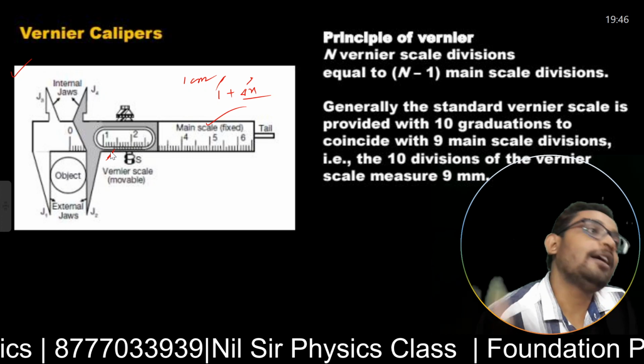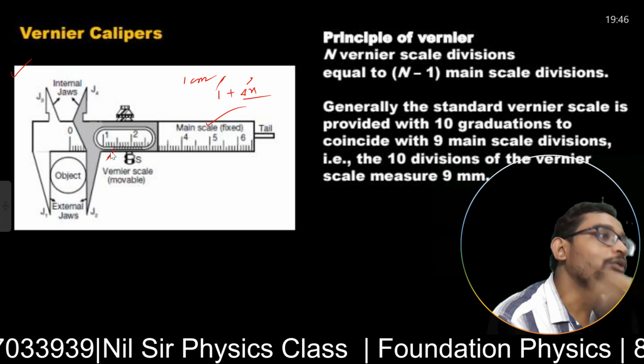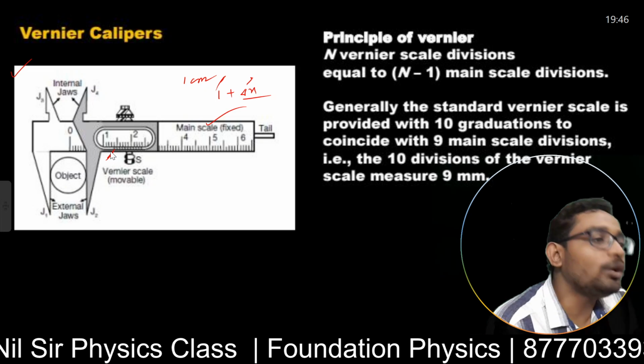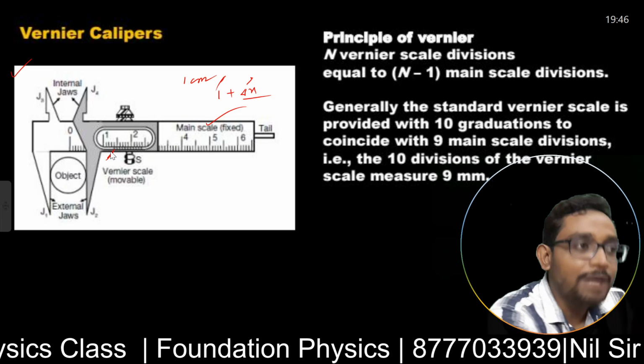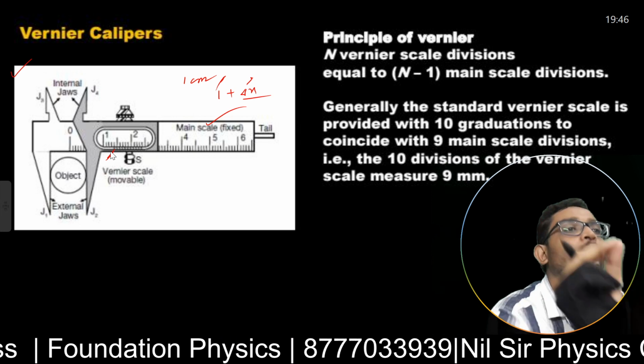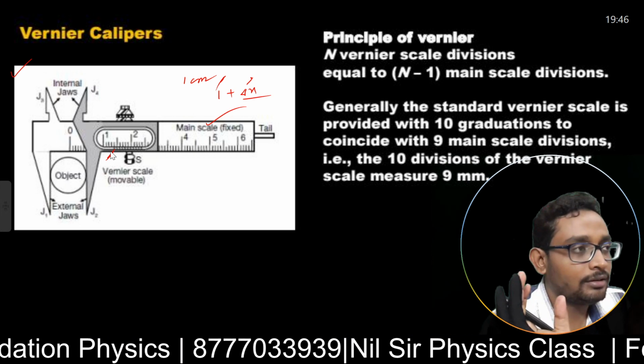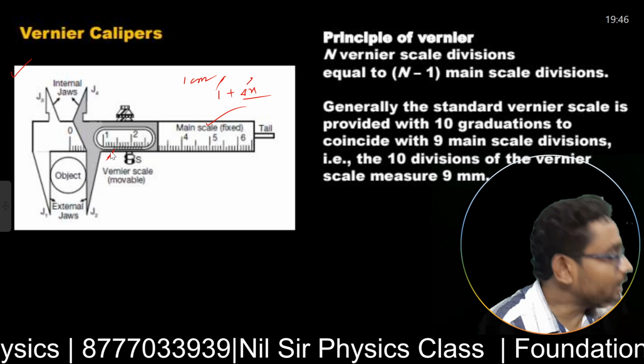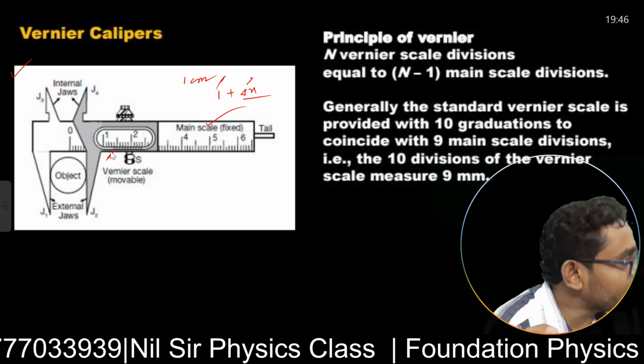Now, for vernier, we are going to calculate the least count. What is the least count or minimum value we can measure from the vernier scale?